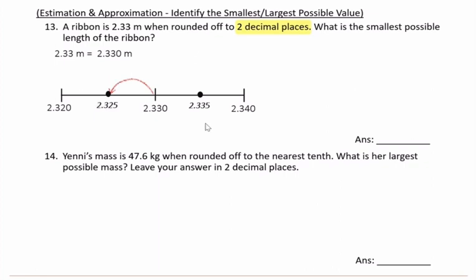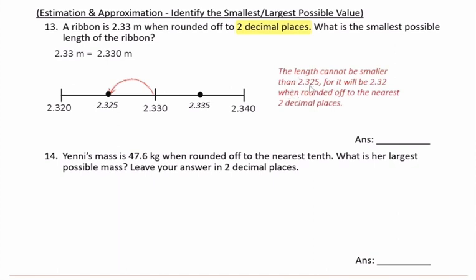Understand? So if you look at this, I want to round to the smallest possible value. Your answer is actually 2.325 because the length cannot be smaller than 2.325. Because if it's smaller than this value, like 2.324, you will round back down to 2.32. If you want to round to 2 decimal places, the thousandth place must be 5 and more.